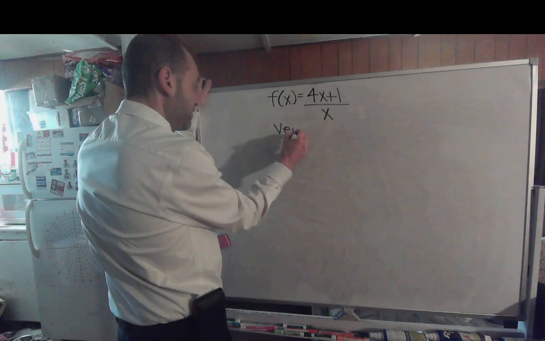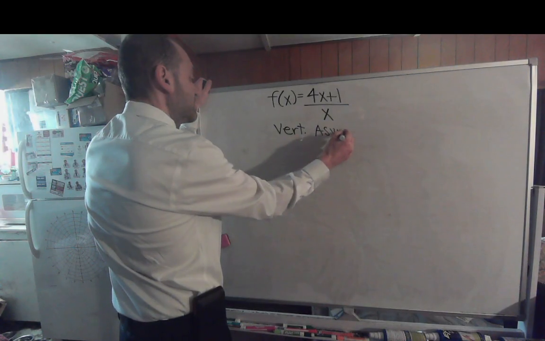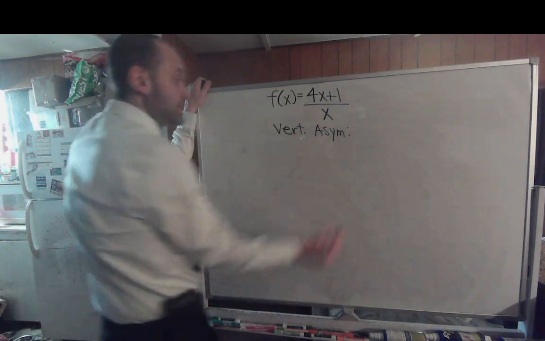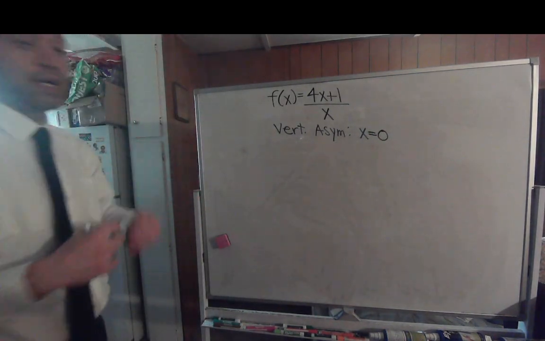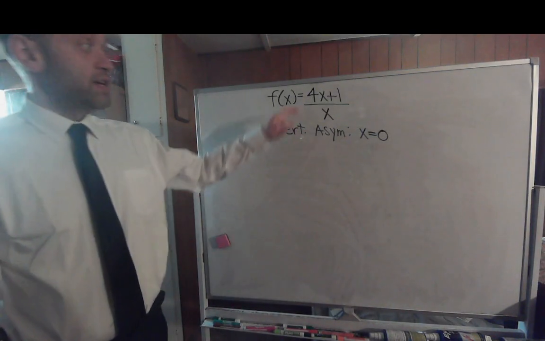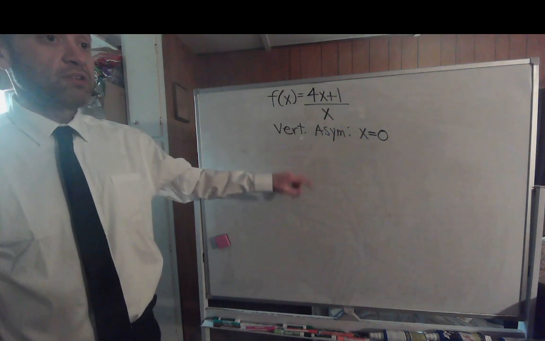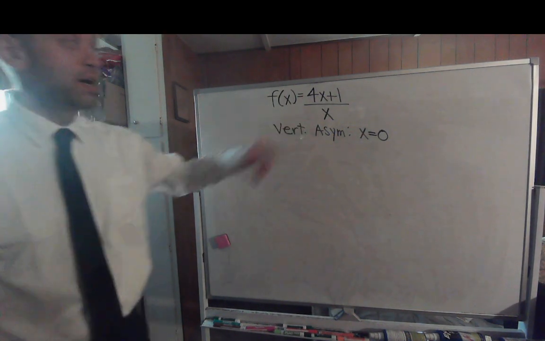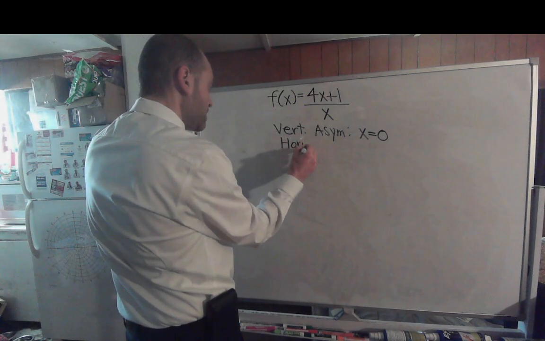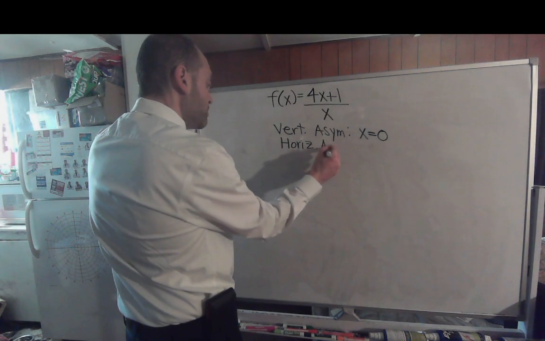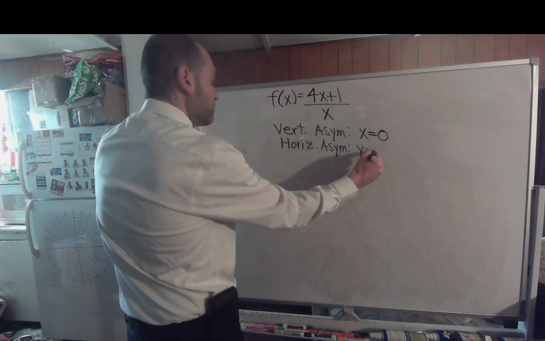So we have a vertical asymptote at x equals 0. Now what about your horizontal asymptote? The degree of the numerator is the exact same as the degree of the denominator, so take your leading coefficients, take 4 divided by 1, you would get y equals 4. So you are given a horizontal asymptote at y equals 4.